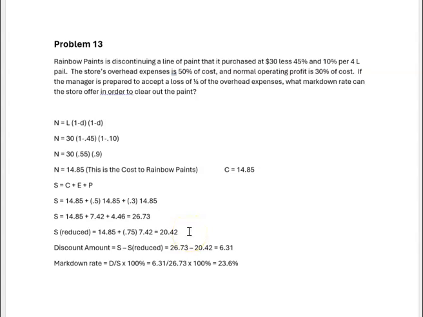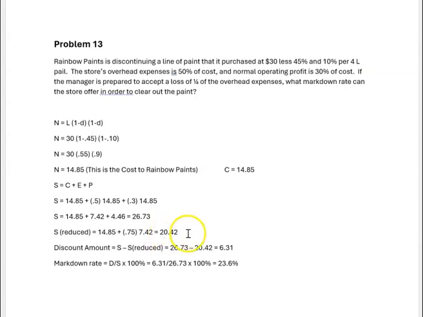Now we want to figure out what our reduced price is. So if the manager is prepared to accept a loss of 1/4 of the overhead expenses, that'll give us our reduced price. So we know that our cost is $14.85. We know that our overhead expenses are $7.42, but we only want to cover 3/4 of them.